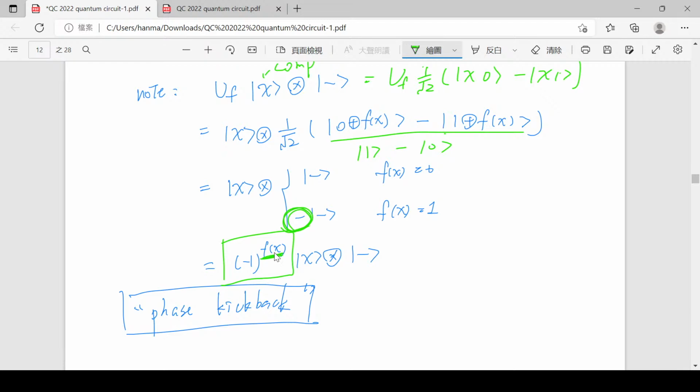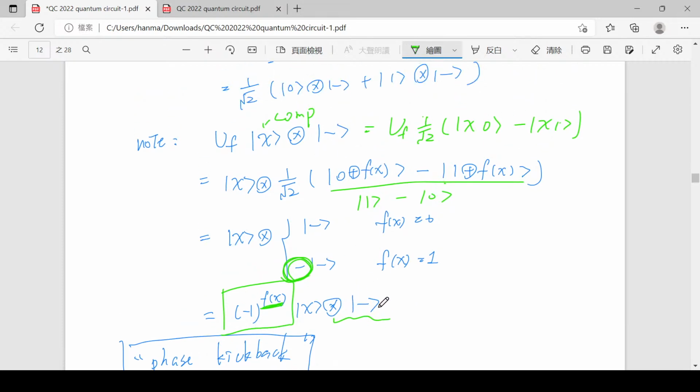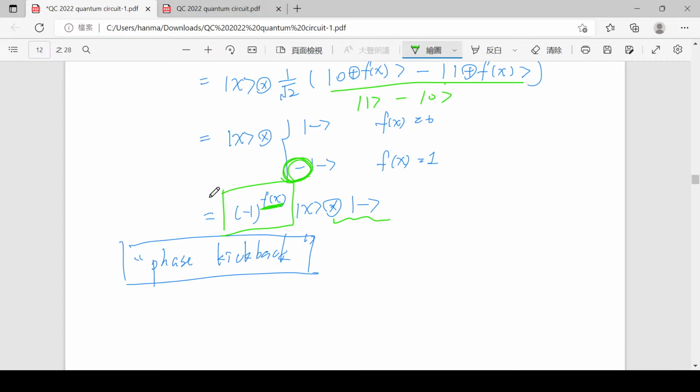You see a phase here, and why is this called kickback? Because now the second register kind of doesn't matter. It started as a minus state and ended as a minus state, and it has no entanglement with the first qubit. The phase is kind of a global thing, because remember the tensor product structure, the phase doesn't need to stay on the second register; you can stick the phase to the first register also.